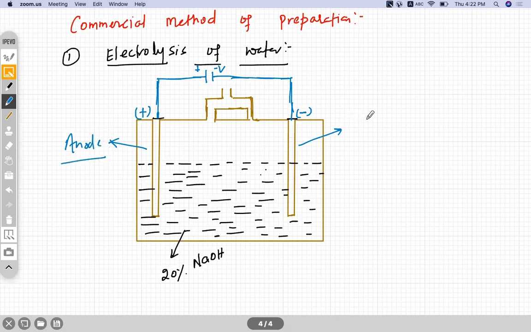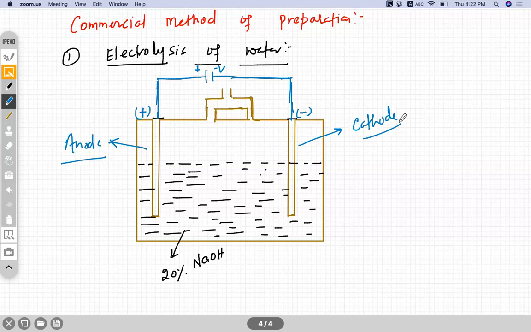Can anode be negative also? Negative anode possible? We have 2 types of cell: one is the electrolytic cell, the other one is the electrochemical cell. In the electrochemical cell, anode is negative, and that you will again study in electrochemistry.